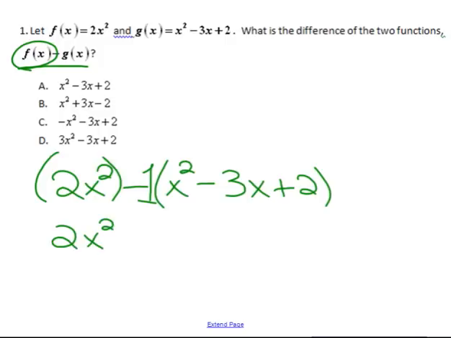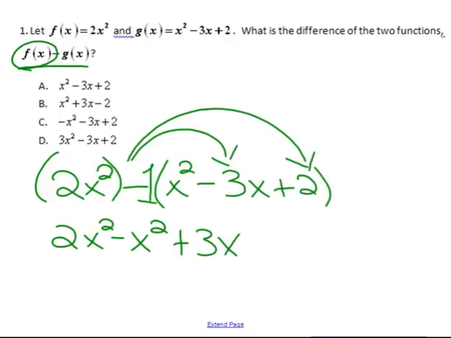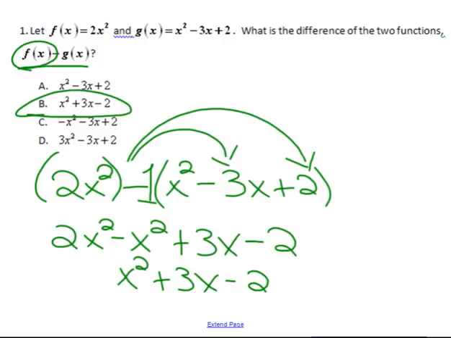Negative 1 times x squared is negative x squared. Remember to distribute. The negative 1 times the negative 3 is positive 3x. And times the 2 is negative 2. Combine like terms, 2x squared minus x squared plus 3x minus 2. Correct answer then would be B.